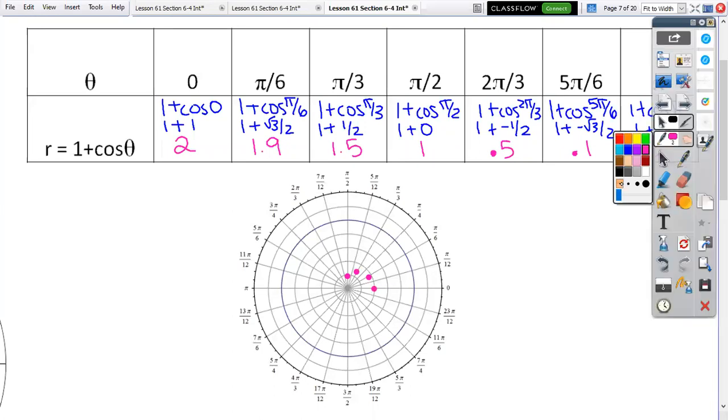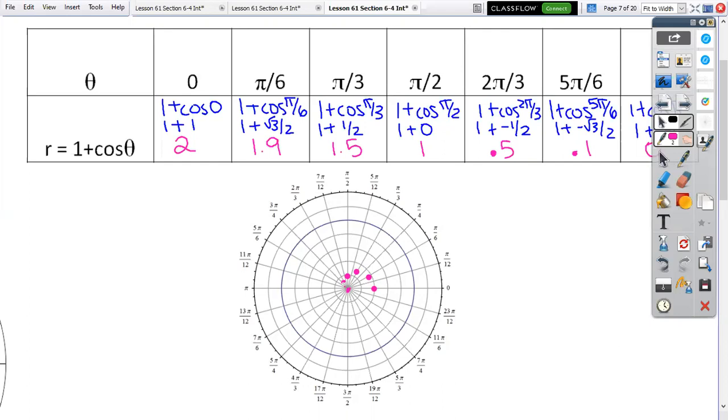It's going to start getting sloppy looking on mine. 2 pi over 3 is our 0.5 here. Need a smaller pen. 5 pi over 6, we're at 0.1. And then we're at 0. It's in. I'll fix it.